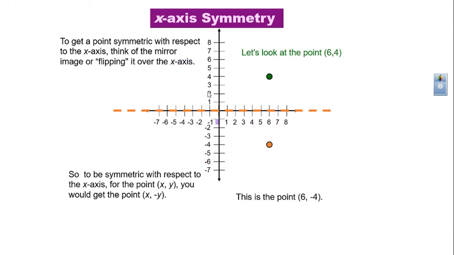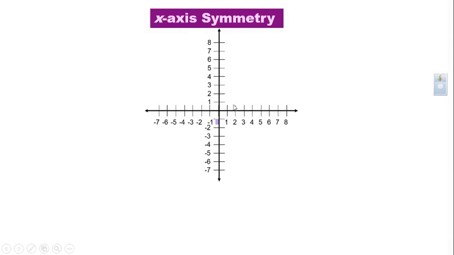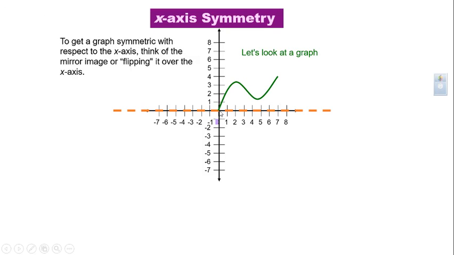Now let's see what happens when we have a graph. We start off with a line segment or a piece of a graph, say this graph here, and then we're going to reflect every point correspondingly across the x-axis. So we have a graph that looks like this. As you can see, each point has a matching point across the x-axis.